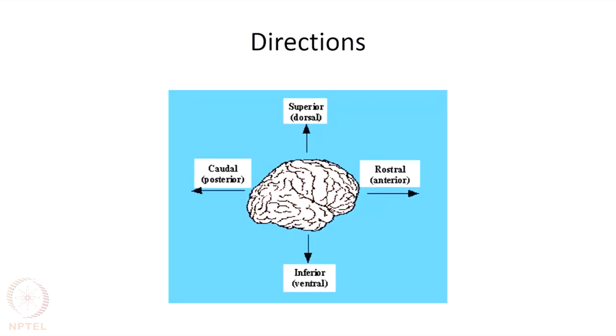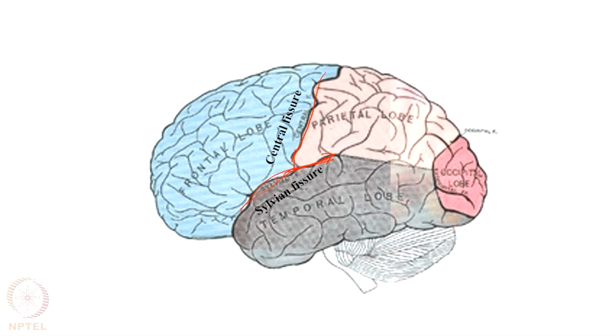If you go back to the previous slide where we saw the lobes, you have this fissure between the frontal lobe and the temporal lobe. It is called the Sylvian fissure, and then you have another fissure which runs vertically, that is called the central fissure. The Sylvian fissure usually goes beyond the central fissure and penetrates the parietal and the temporal areas up to a point.